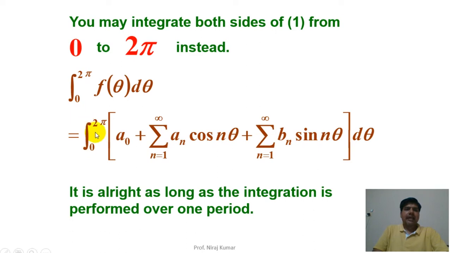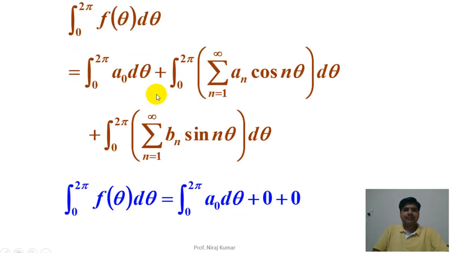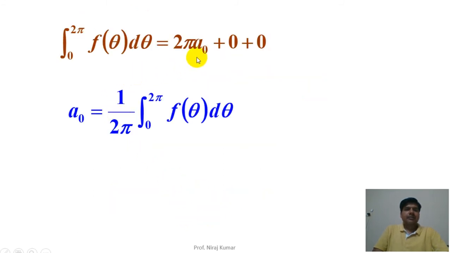So we will have only the integral from 0 to 2 pi of a naught d theta equal to the integral of f theta d theta. So a naught equals 1 by 2 pi times the integral from 0 to 2 pi of f theta d theta. So it is true for either minus pi to pi or 0 to 2 pi. This will always be the average of the function for a period.